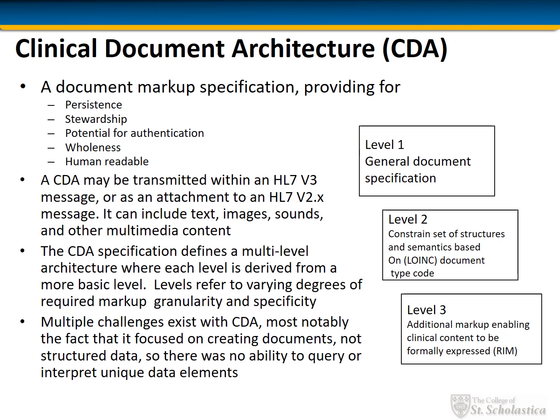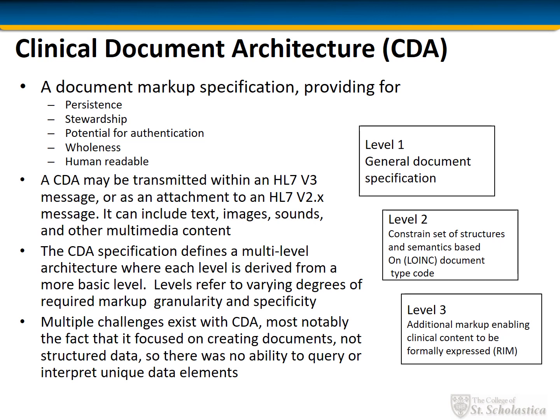The most granular level 3 format is expressed as an XML document with additional markup, enabling content to be expressed formally following the reference information model from HL7 and is used within HL7 version 3, and depending on the level of tagging, the tags associated with each of the markup specifications can produce structured data.